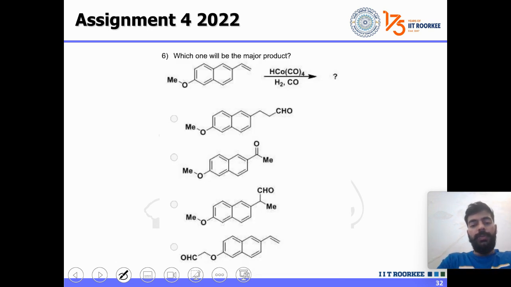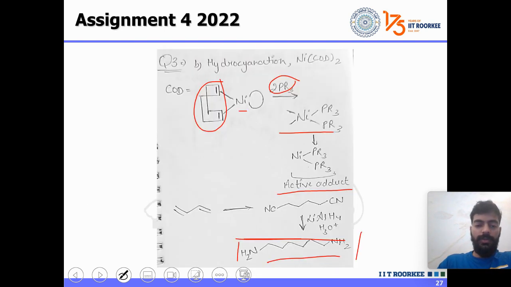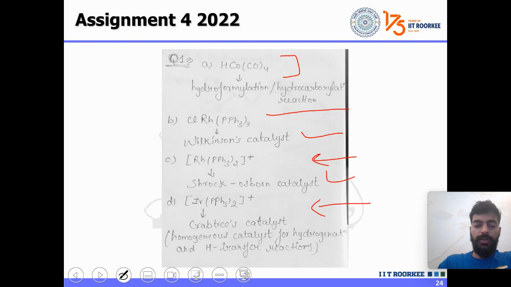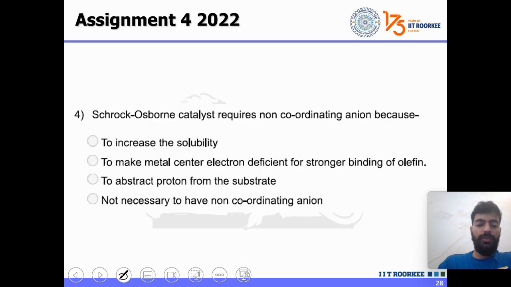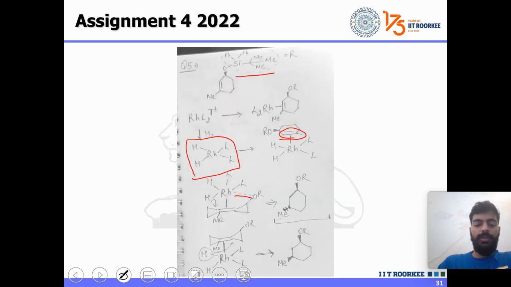Which one will be the major product? So if we see here, we have a cobalt complex, hydrogen and carbonyl, and we have already discussed in the previous question where hydroformylation occurs with this catalyst. Let's go back to the question. I have already told you the answer.